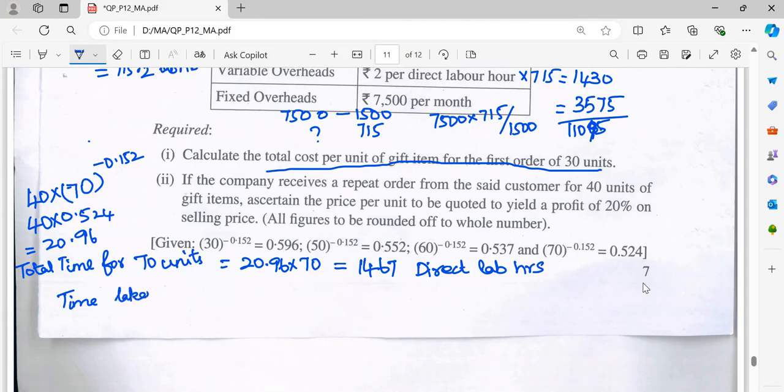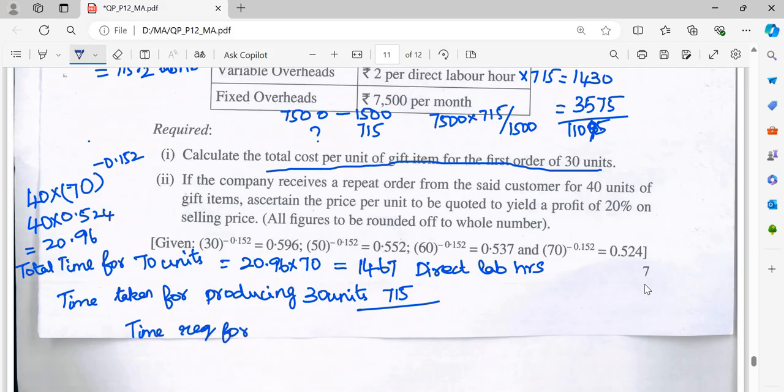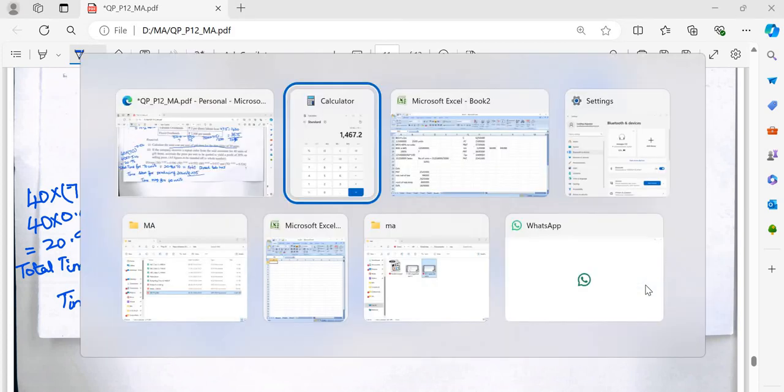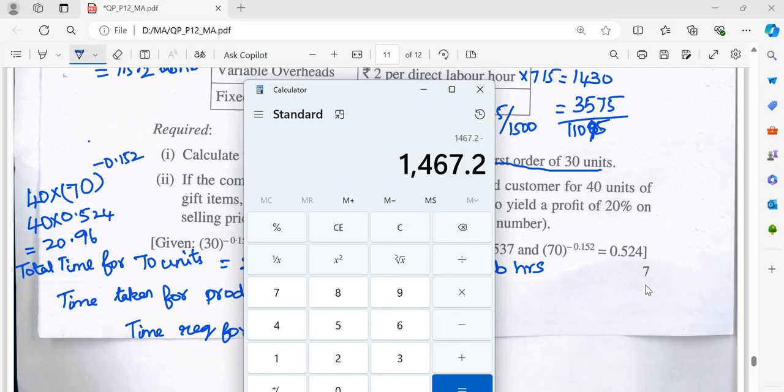So here already time taken for producing 30 units is 715, right? So then time required for 40 units, this additional units will be 1467 minus 715.